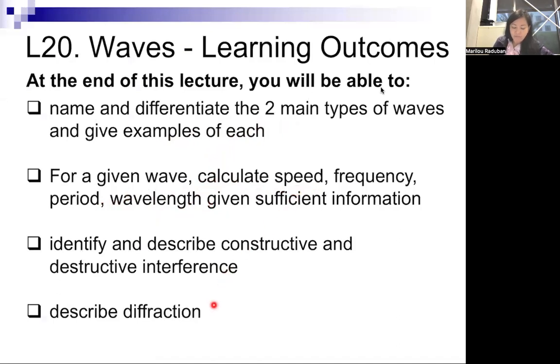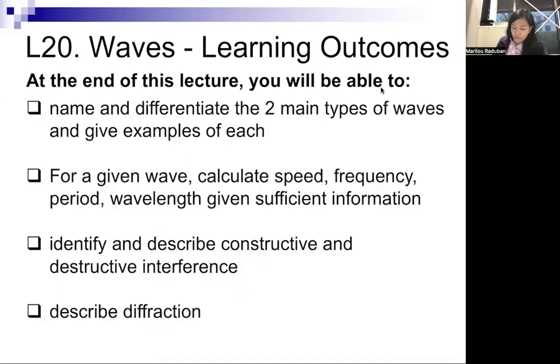We'll also look at some phenomena that happens when waves interfere with another wave. For example, we have what we call interference, and we'll look at two kinds of interference. And then we'll look at what happens when the wave encounters an obstacle or an opening, looking at diffraction.